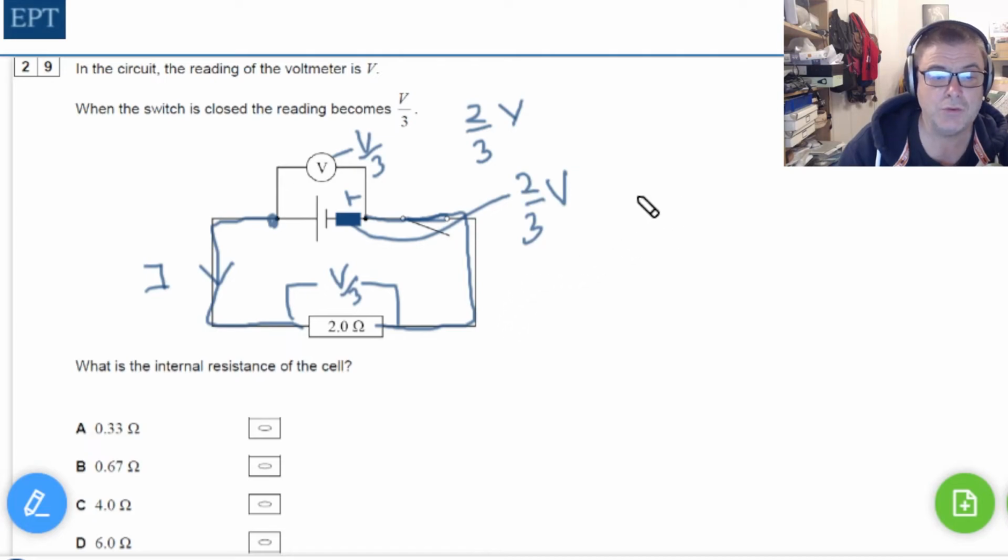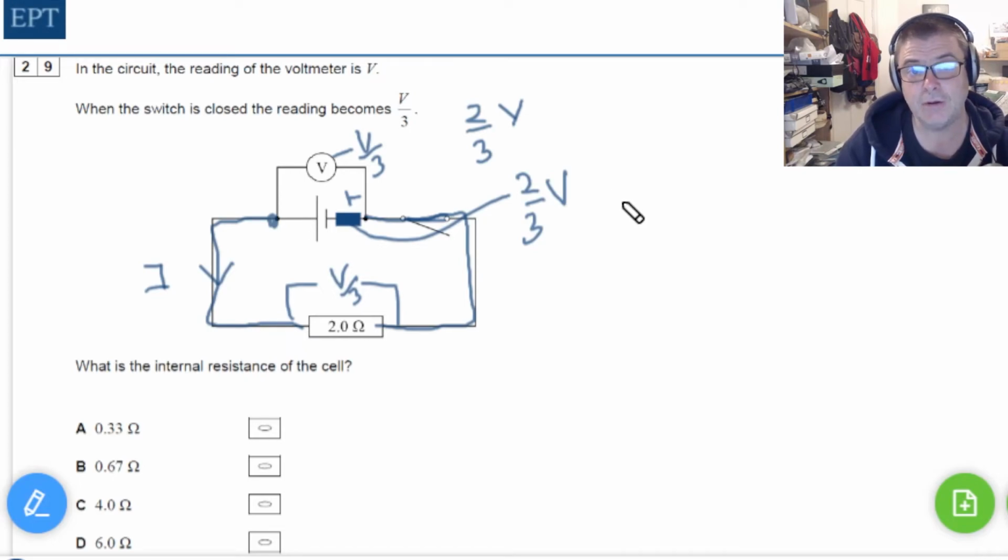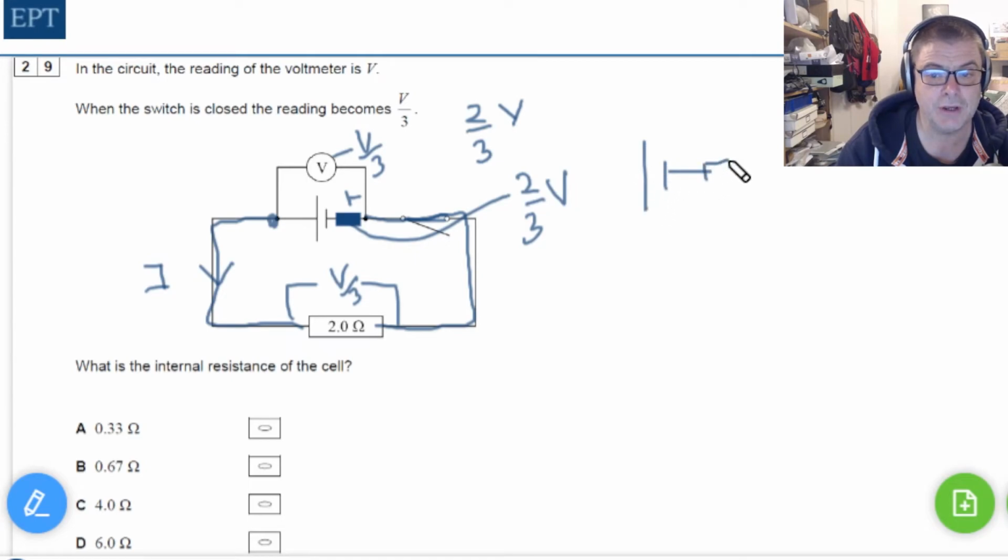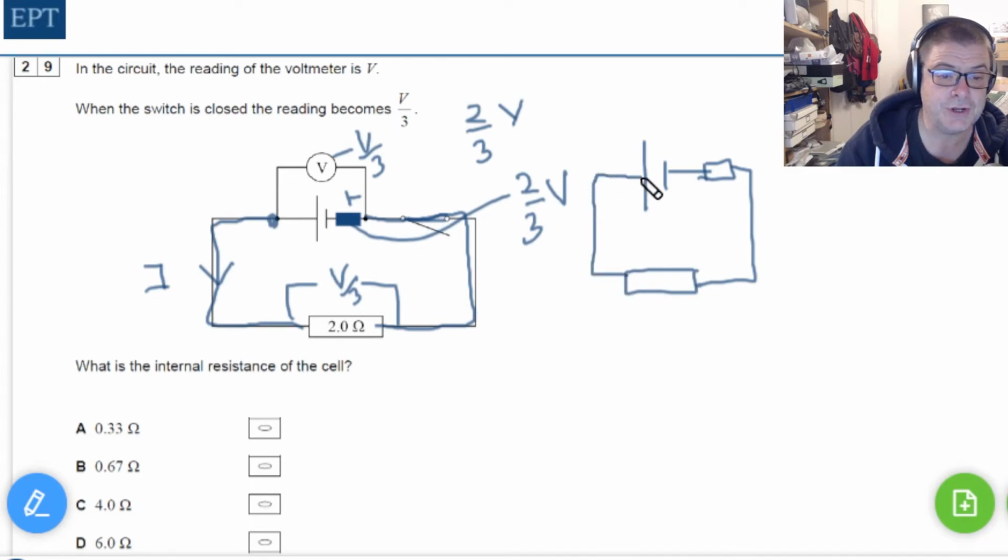Now, of course, you will recall that in series circuits, resistors share out the voltage in proportion to the value of their resistance. But that's what we've got here. We have a series circuit with a little internal resistance connected to a fairly little external resistance like that. In other words, the value of the EMF is going to be shared out between those two components.